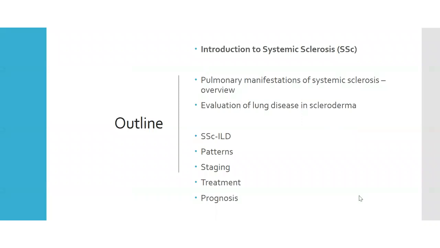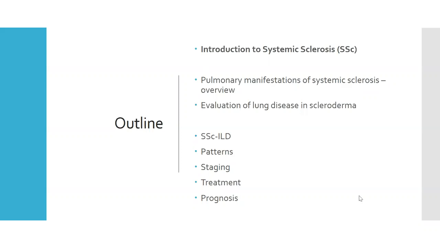My general outline is going to be first talking in some general introduction about systemic sclerosis. The second part of the presentation is going to be mainly focused on the pulmonary manifestations of systemic sclerosis and in general evaluation of lung disease when you have a patient coming in with scleroderma. And then my primary focus of this talk is going to be on scleroderma-associated interstitial lung disease.